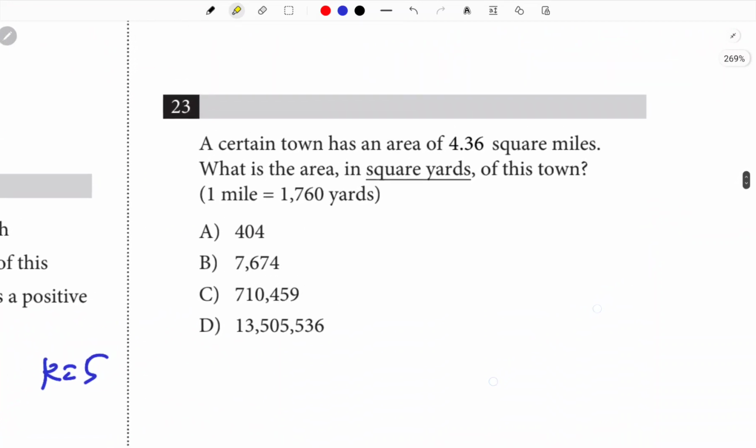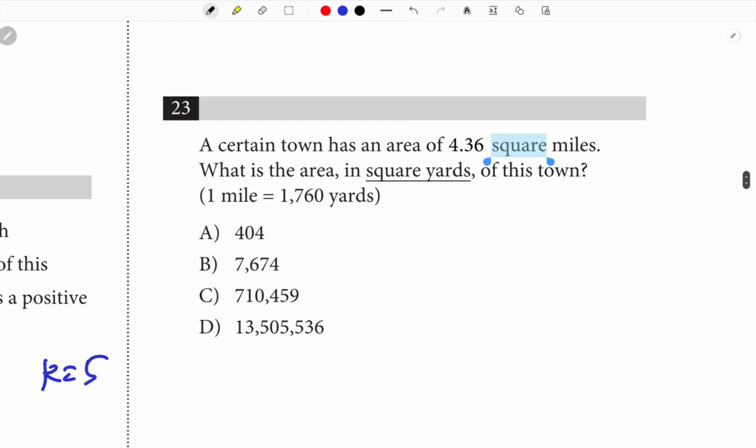Okay, question 23. A certain town has an area of 4.36 square miles. What's the area in square yards of this town?